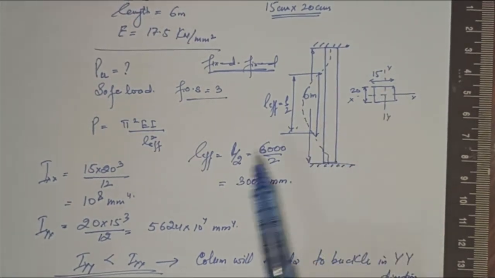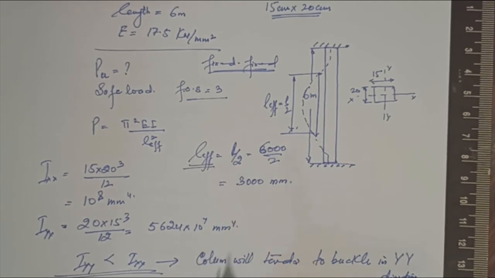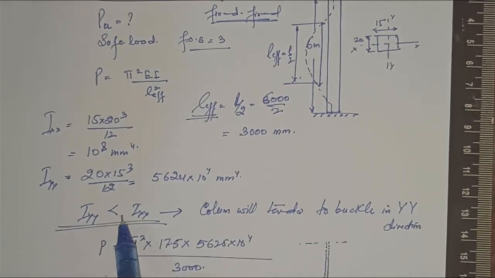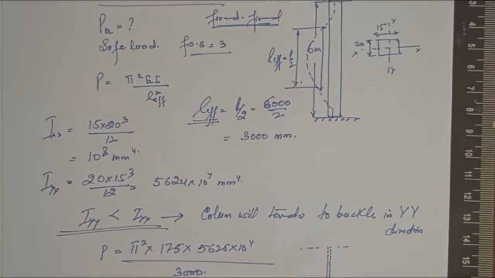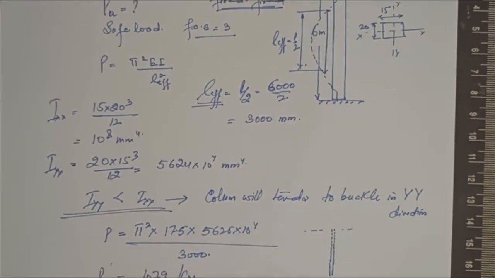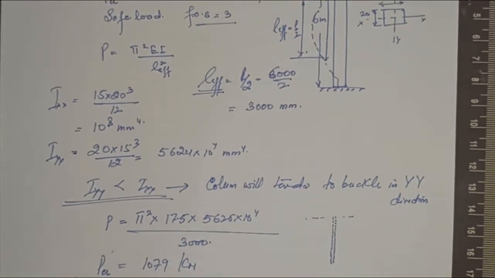So the important thing is, check the L effective, then check the moment of inertia in both conditions, xx and yy, and take the lower moment of inertia, because the column will buckle along that direction, and then you can calculate the critical load for the column.